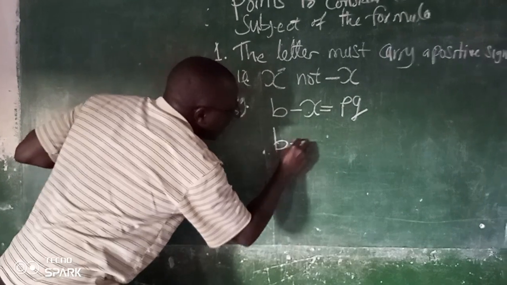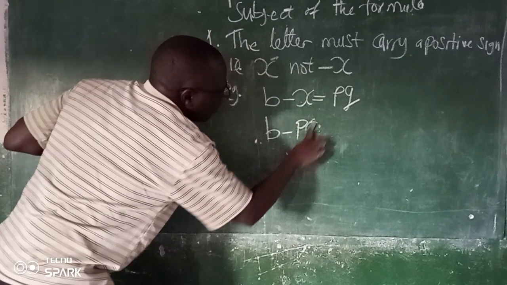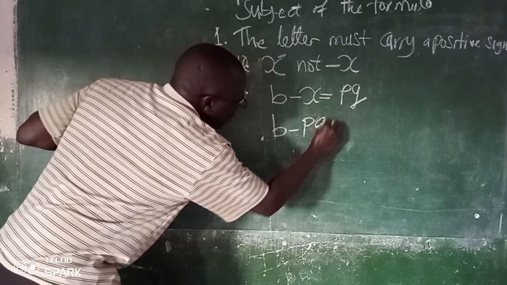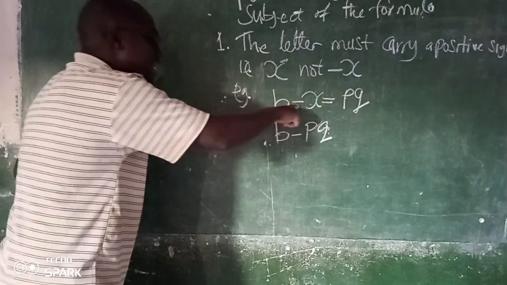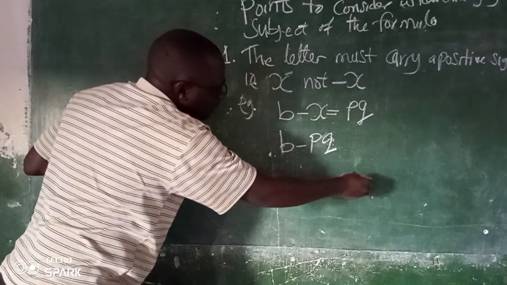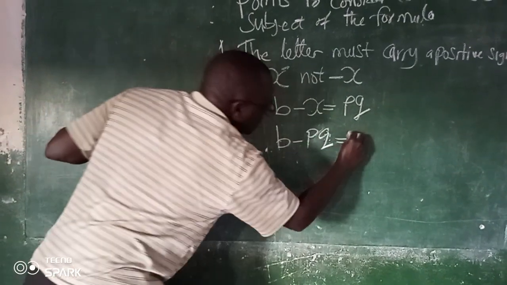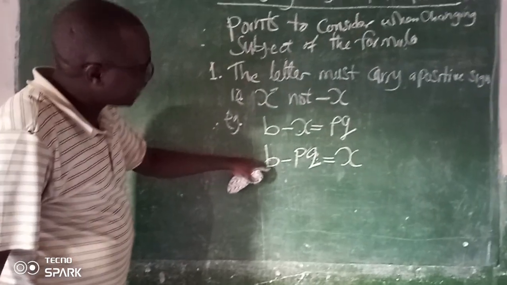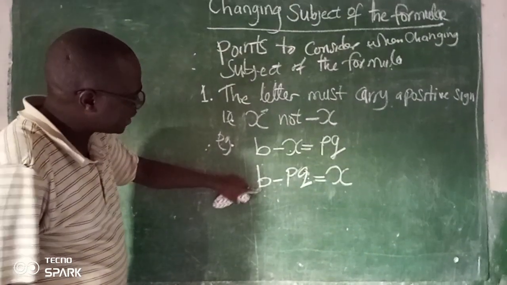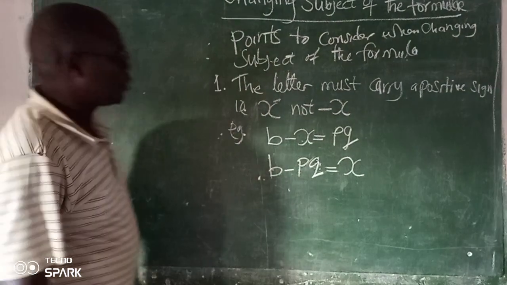It will be negative PQ. This negative X will go to the other side of the equation, so it will change sign. It will be positive X. So in this case, we have changed the sign of X from negative to positive.